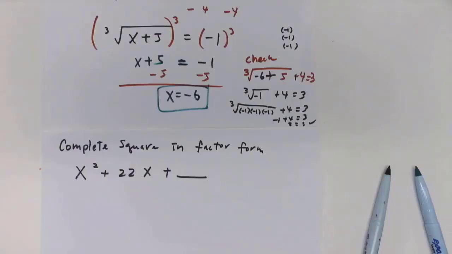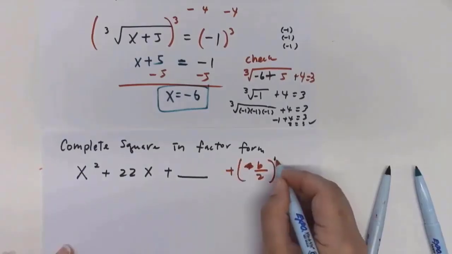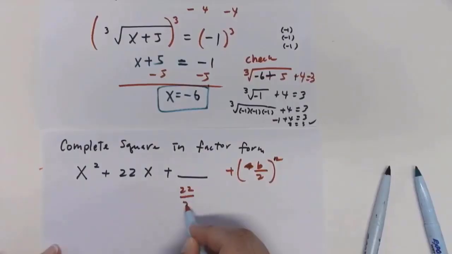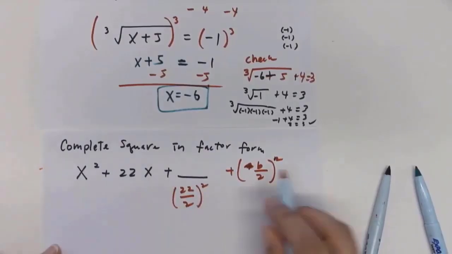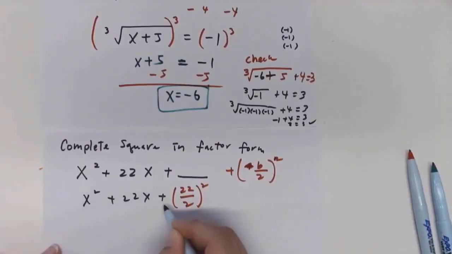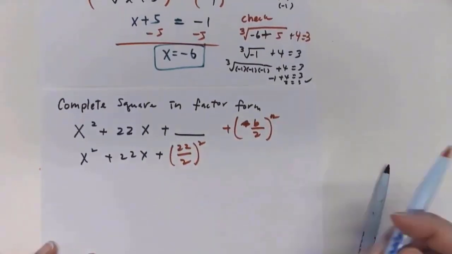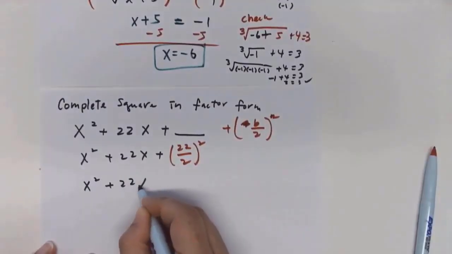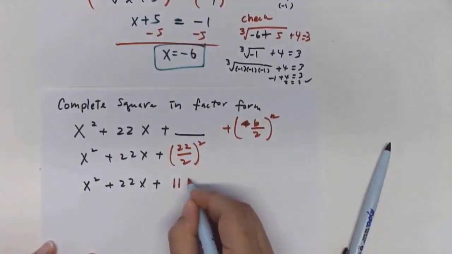So for this particular question, what would that term be? 22 over 2 perfect square. So you've got x squared plus 22x plus that. What is 22 over 2? 11. So I'm going to say x squared plus 22x plus 11 perfect square.